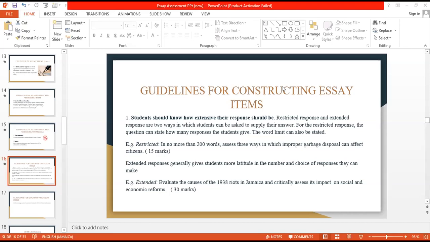to write. So if you had said, identify 3 causes and evaluate their impact on the 1938 riots in Jamaica, but then you want them to critically assess, you could put that in the next sentence: also critically assess their impact on social and economic reform.